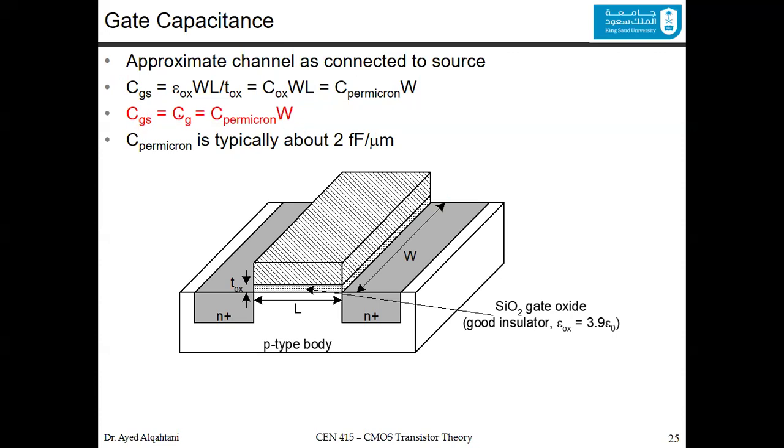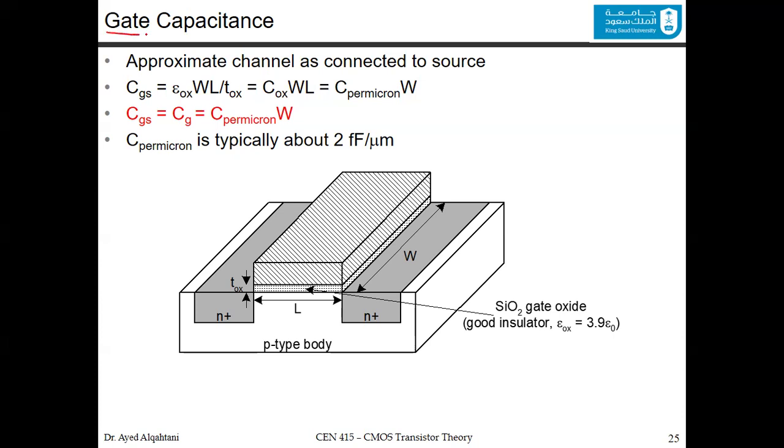We can simply say that C gate is equal to C per micron times W, and C per micron is typically about 2 femtofarad per micrometer in all processes. As we progress through the class, we will show you some cases where you have a certain C per micron for each generation.